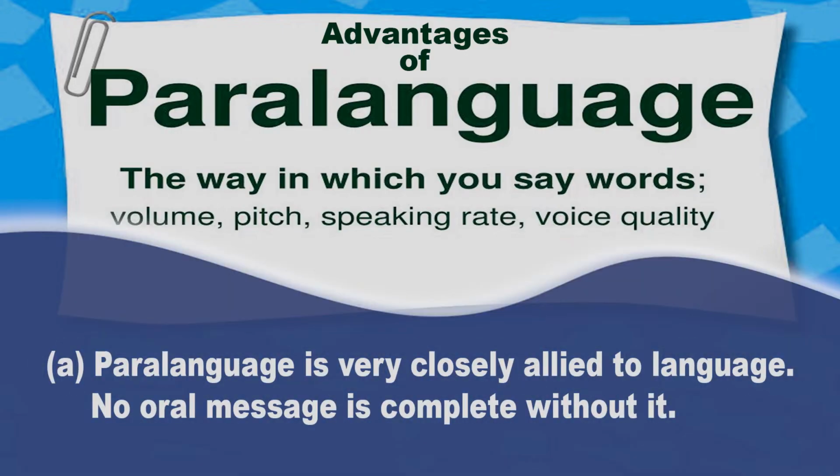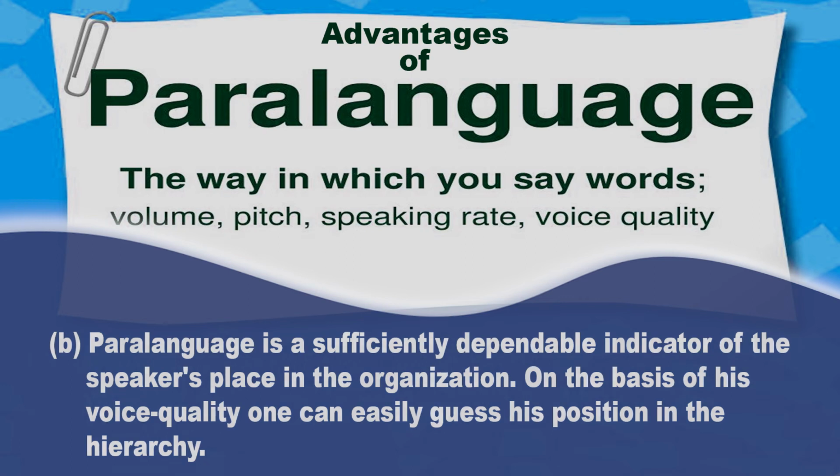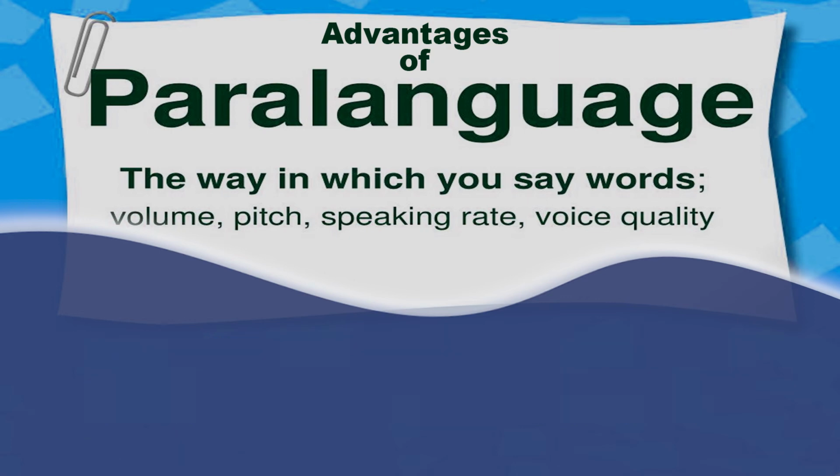Paralanguage is very closely allied to language. No oral message is complete without it. Paralanguage is a sufficiently dependable indicator of the speaker's place in an organization. On the basis of his voice quality, one can easily guess his position in the hierarchy.